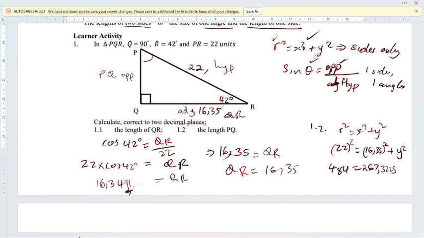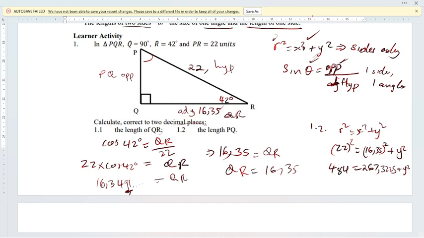I get a final answer. Write all of them, plus y squared. 484 minus 267.325.